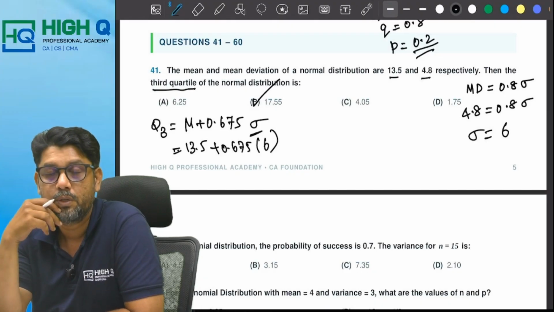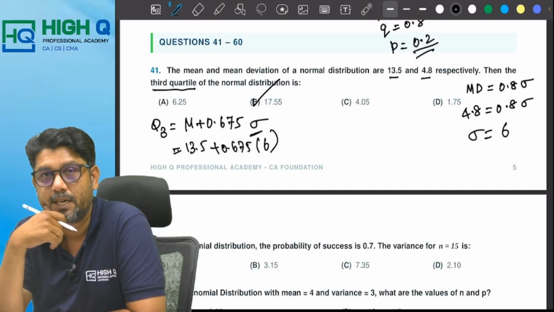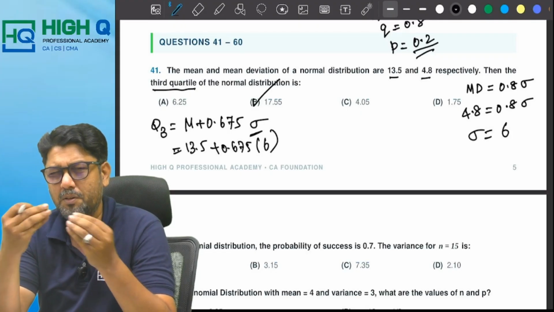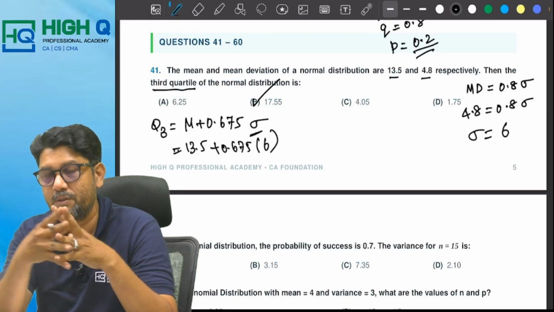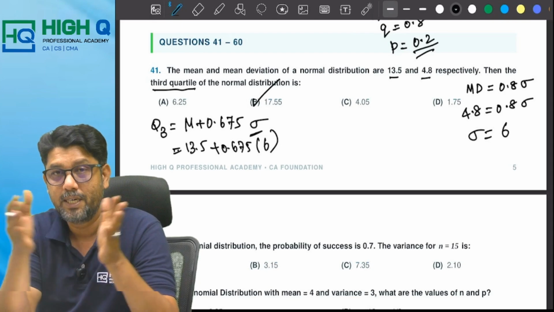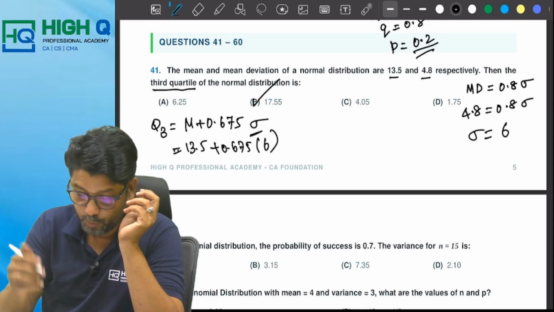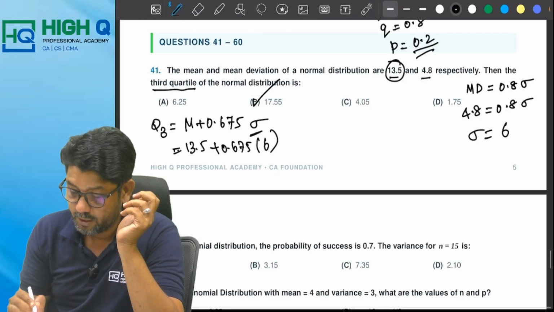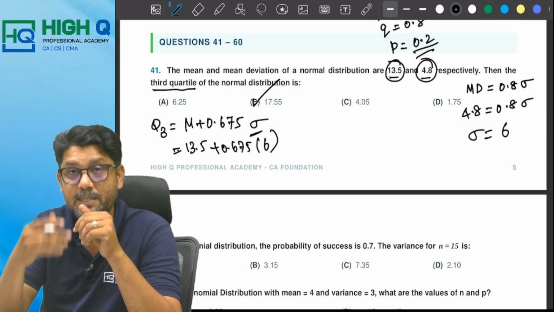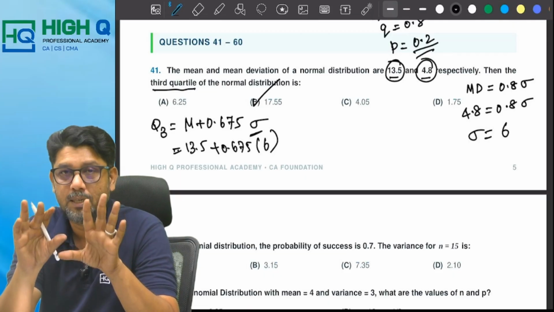Sir, is it necessary to find standard deviation? If you want to find the exact answer, you should find standard deviation. But there is one more method. Mean deviation and standard deviation differ, there will be a small error. But looking at the options, there is great variation. So I can directly use 4.8 as sigma, but it is wrong.